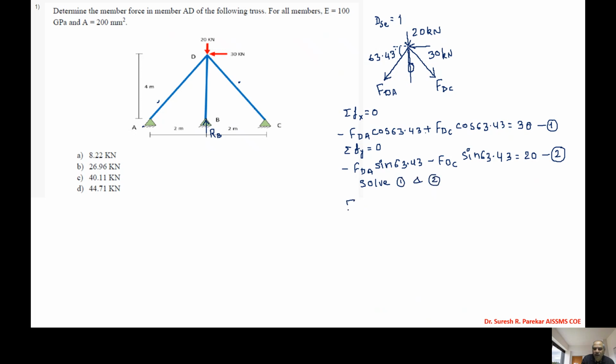We will get the value of FDA equal to minus 44.72 kilonewton, and FDC equal to 22.35 kilonewton.